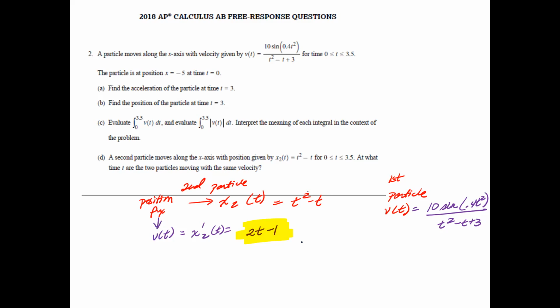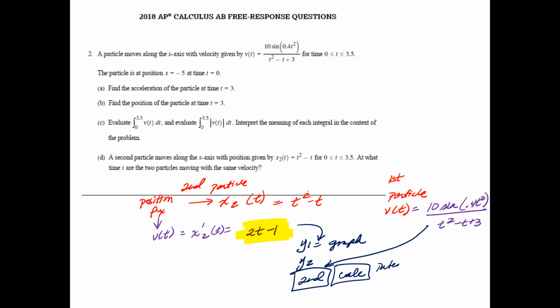Now, there are two different ways that you can approach this. I would suggest that you go to y1 in the graph section. Make sure you graph y1 and y2 of both of these equations, and then click on second calc and then the intersection button to see where the two graphs intersect. And the time should be about 1.571.